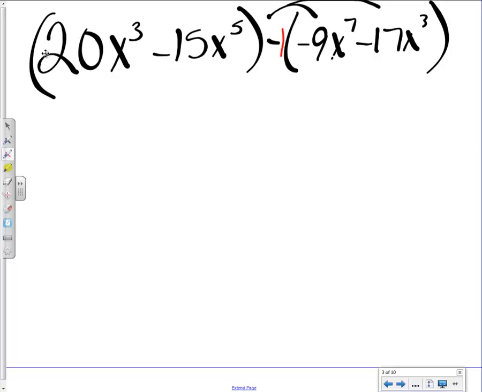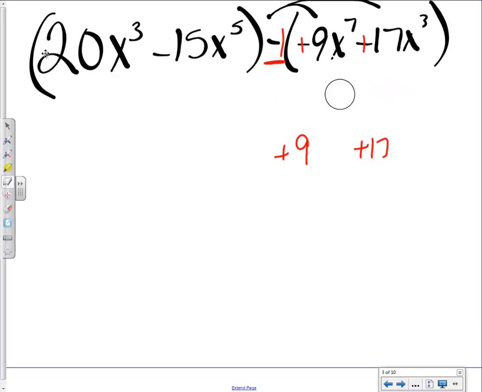So I'm multiplying a negative 1 times a negative 9, and I get a positive 9, and I'm multiplying a negative 1 times a negative 17, and I get a positive 17. So what I want you to see is if you multiply by a negative, it's changing the signs of everything that follows it, each term, okay?